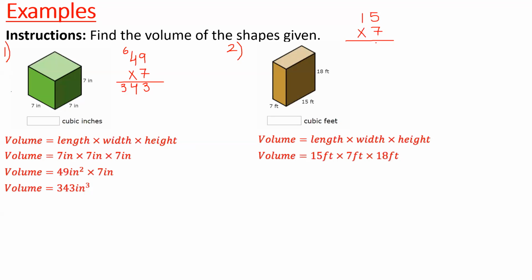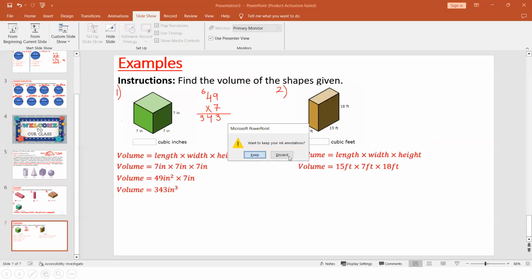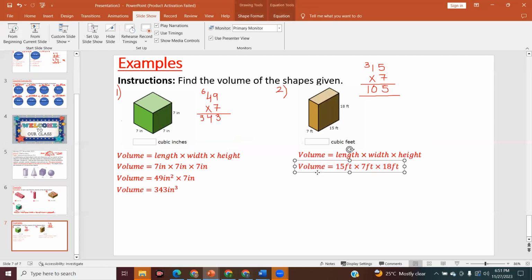Put the 5 down, and carry the 3. 7 times 1 is 7, plus 3 is 10. So 15 times 7 is going to be 105.